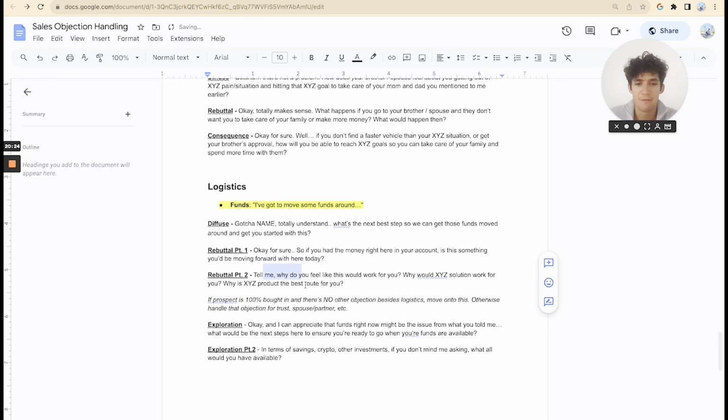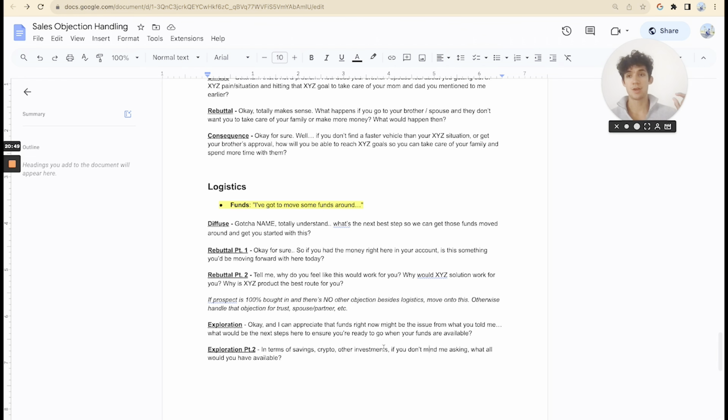Cool, John. And I can appreciate that funds might be the issue right now from what you told me. I mean, what would be the next best steps to ensure that you're ready to go with us when your funds are available? I hate these typos in here, but your funds are available. In terms of savings, crypto, other investments, if you don't mind me asking, what would you have available right now to get started?